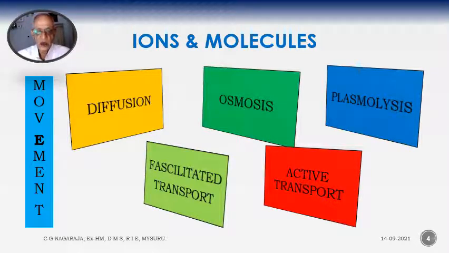These things are very well seen in the plant cells, but in animal cells also we see that, but cognizance is not given that much to the animal cells. So we shall now use the example of plant cells to study this further.